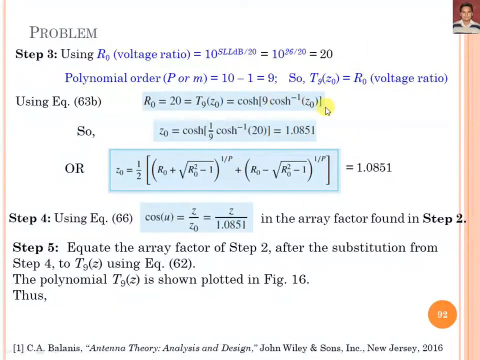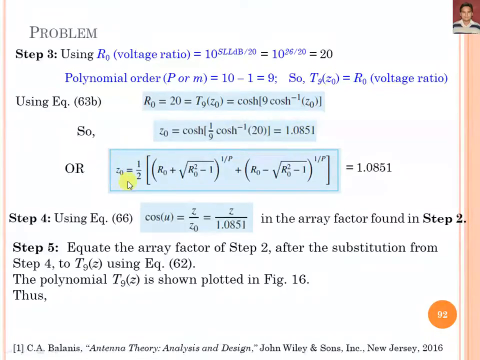So this is the third step of the procedure, and using equation 63b you can see T9 of Z naught equals cosh of 9 cosh inverse Z naught. As we have seen, there are two methods to calculate the value of Z naught, which is equal to 1.0851.